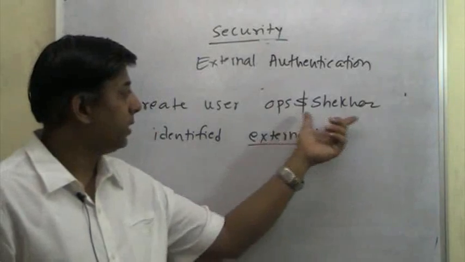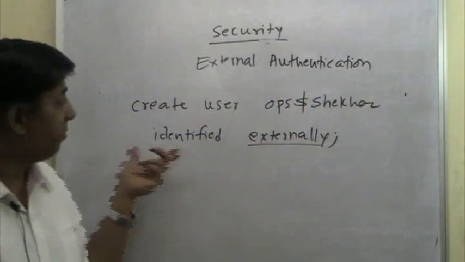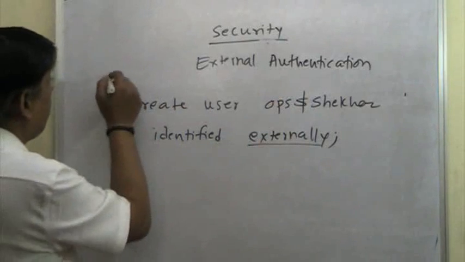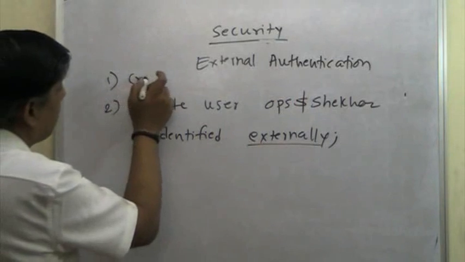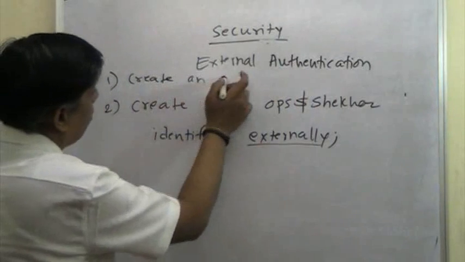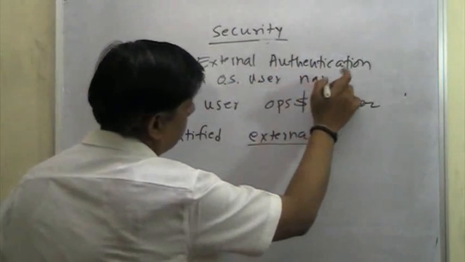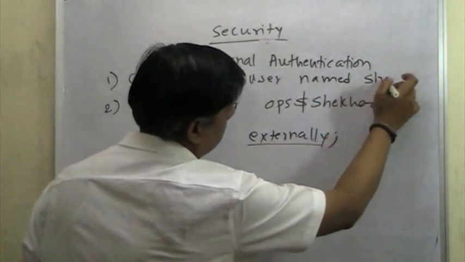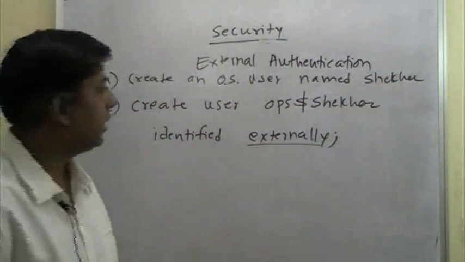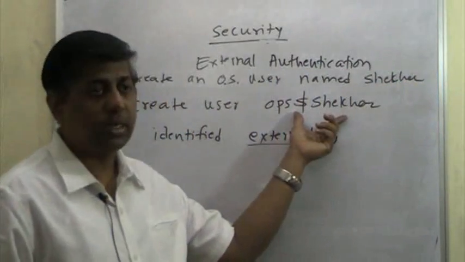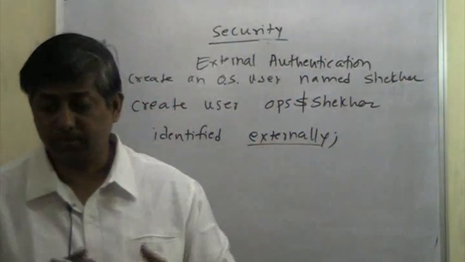And OPS$ is a special keyword prefix. Before you execute this command, which is command number 2, command number 1 is to create an operating system user named Shekhar. So create a user named Shekhar on the OS, and then after that create this user inside the database, identified externally.